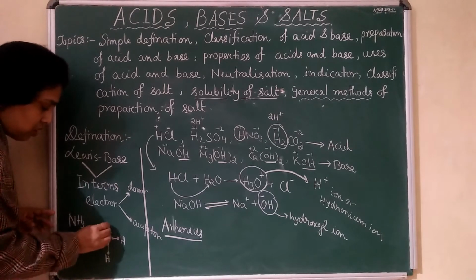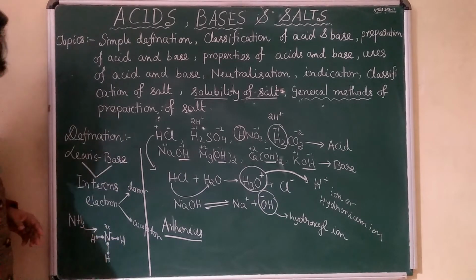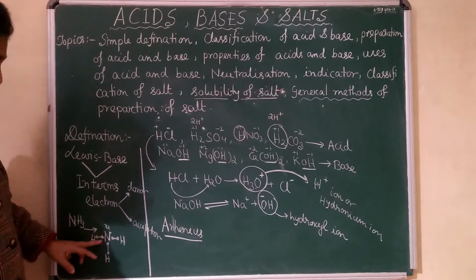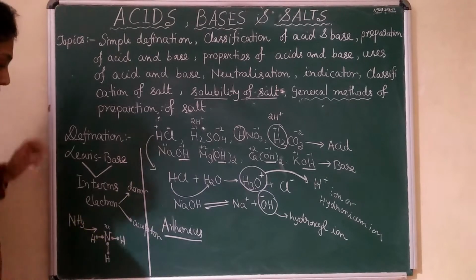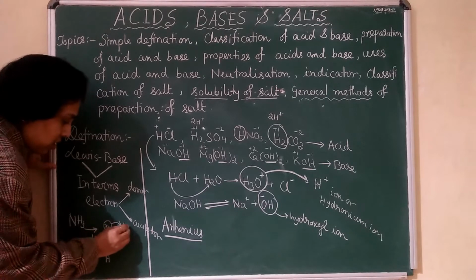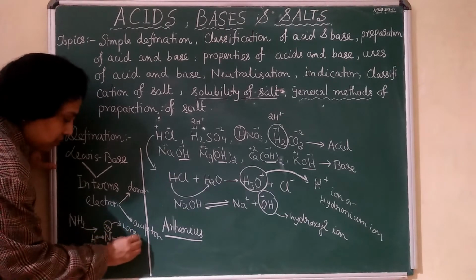So 2 more electrons remain unbonded, not used in bonding. We call them a lone pair. We have studied this. So this is a lone pair of electrons.